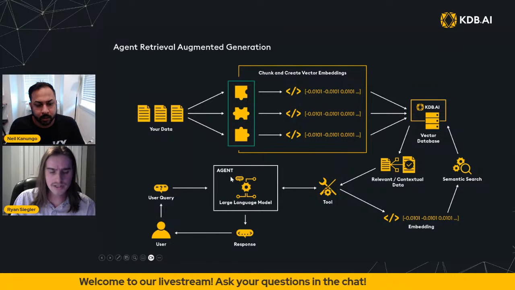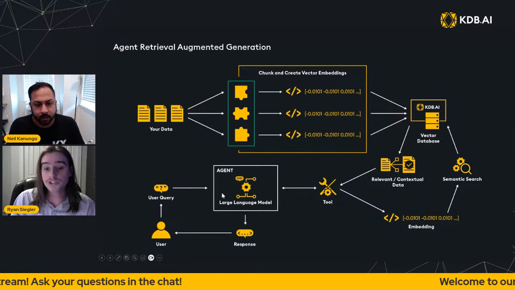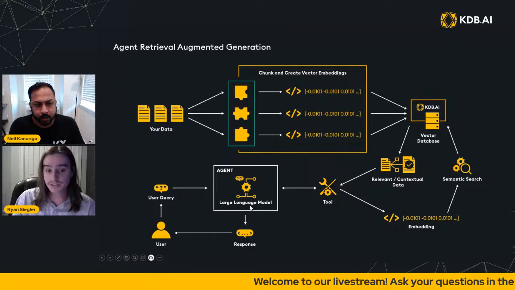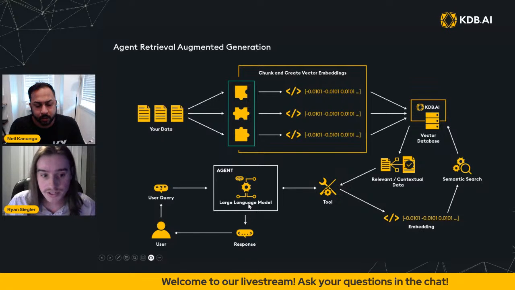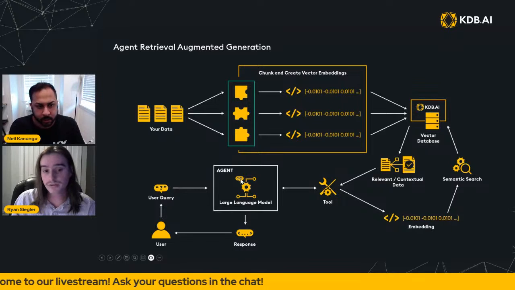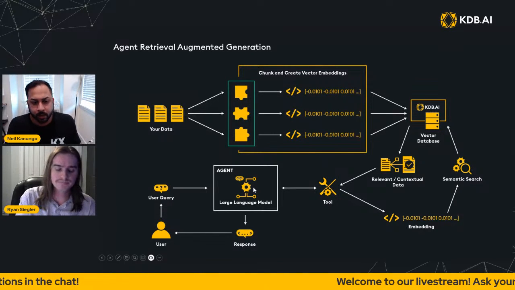And what it does is it can make decisions on what should be the next step based on our user query. And it does this by actually making a call to a large language model to help it decide. But we get a user query in, and the agent will decipher that query using a large language model call and decide what are the next steps we need to take.